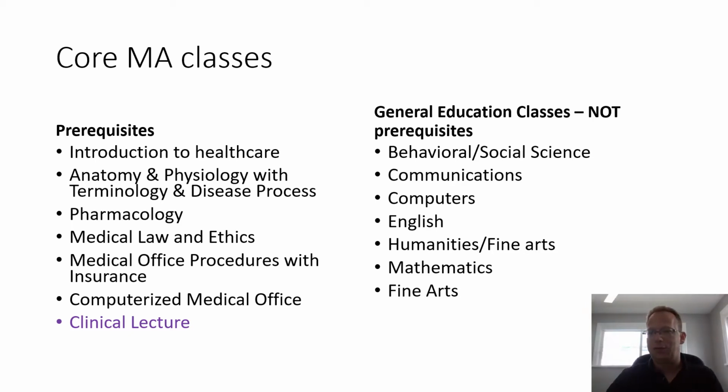In the medical law and ethics course, this is where you're going to get the clinical packet. Then medical office procedures and insurance, and the computerized medical office. Lastly, the last prerequisite for doing your clinical preceptorship is clinical lecture.